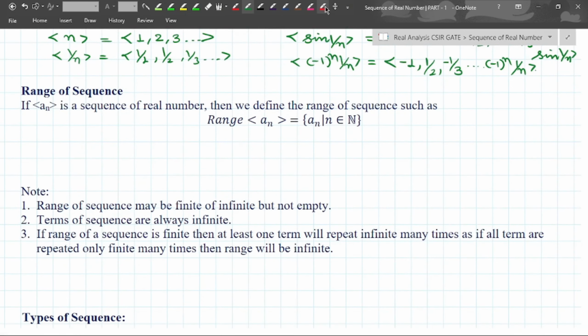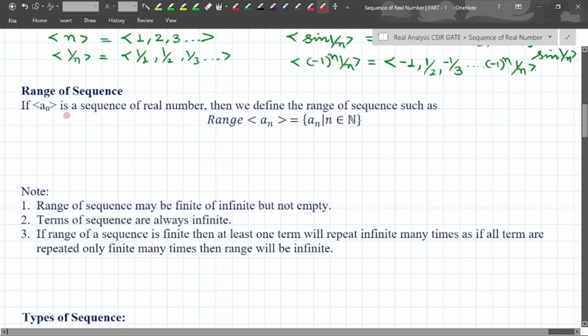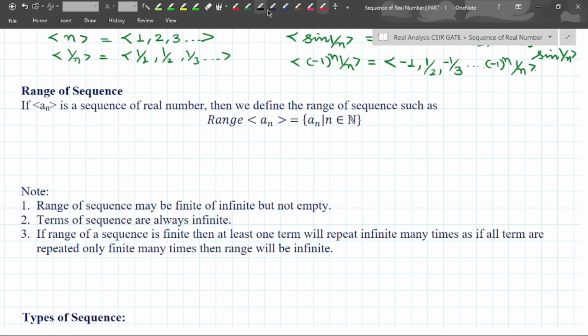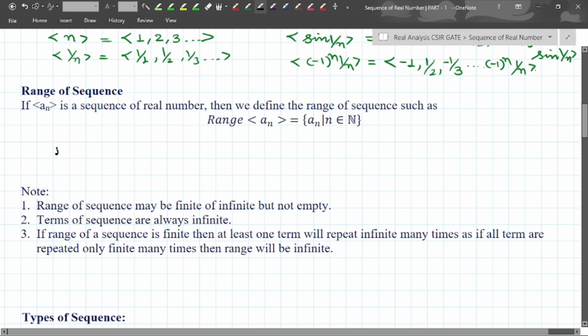Now what is the range of a sequence? If an is a sequence of real numbers, then the range of the sequence is the set of numbers from where the entries are coming. For example, take the sequence 1, 1, 1, up to 1. It will go up to 1 only.